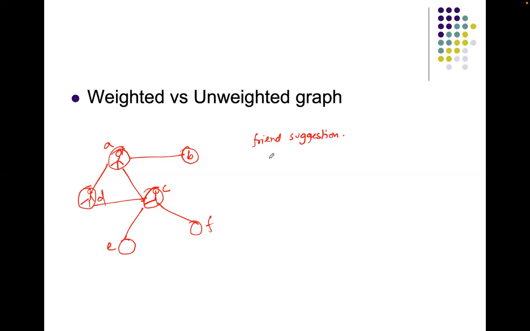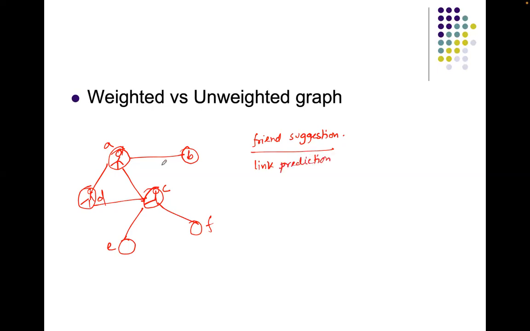Suggesting a friend is also a prediction problem, but it is obviously going to use the current information, meaning the friendship information we have right now. Another name for this problem is link prediction.